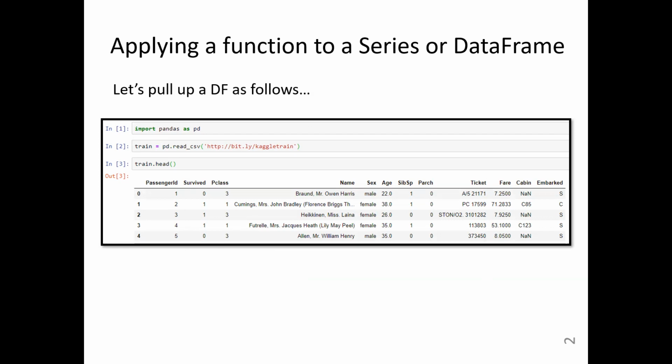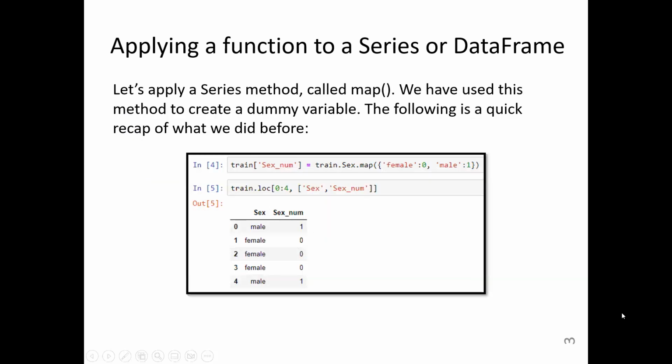What we are going to do is go to train, to the sex column, and map female to 0s and male to 1s. And we just create a new column called sex_num.